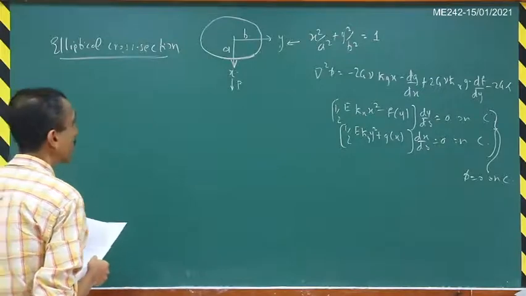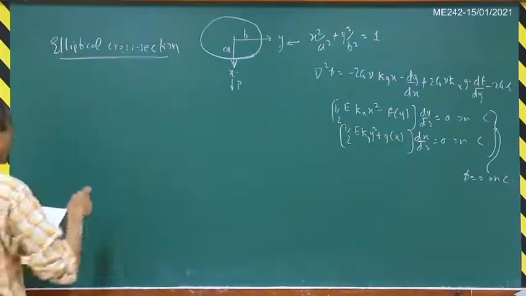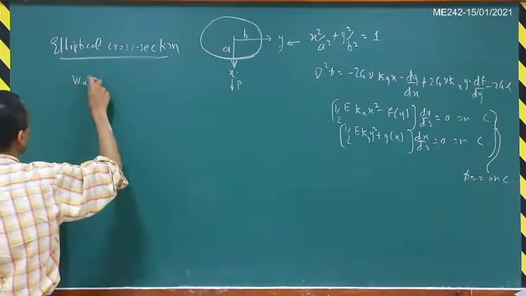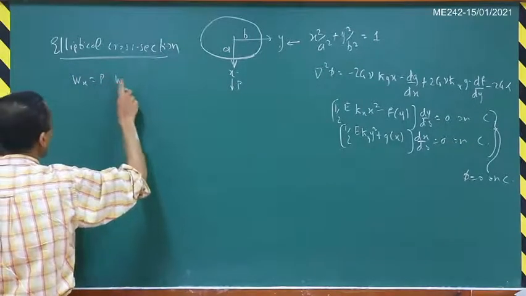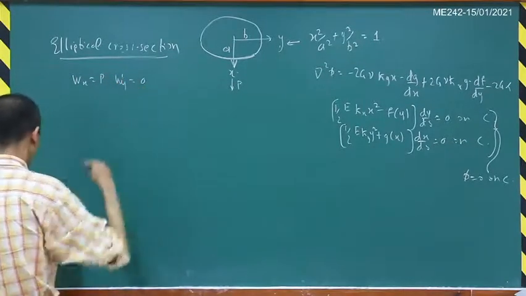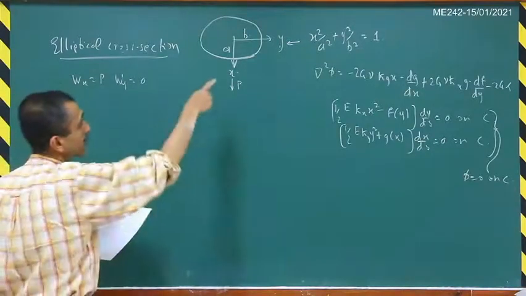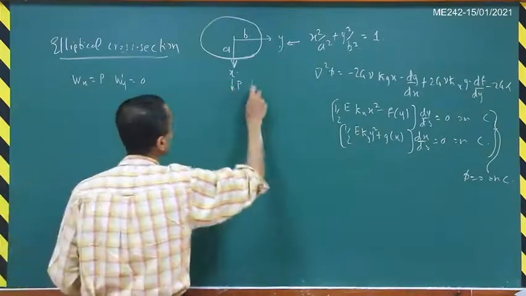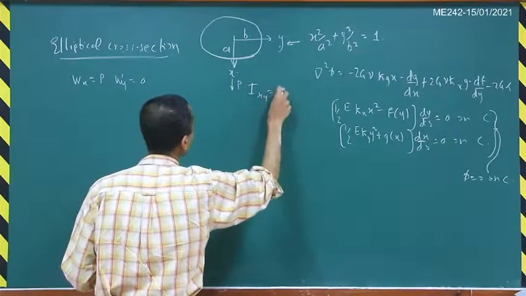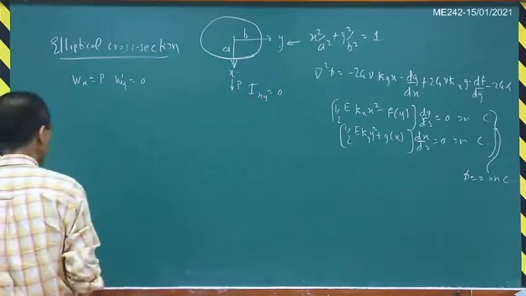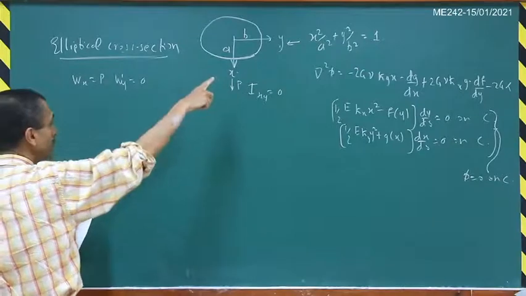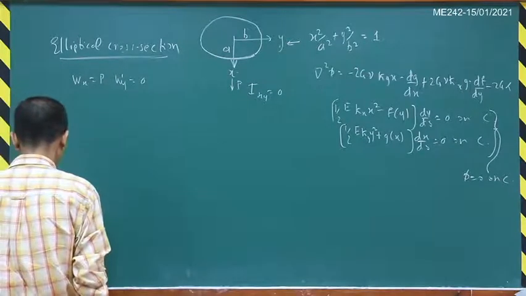So according to our notation, we have Wx is equal to P and Wy is equal to 0 in this particular case here, and you can see that this cross section is doubly symmetric, so you will get that Ixy is equal to 0 in this particular case, because the x and y will be the principal axis for this particular cross section.